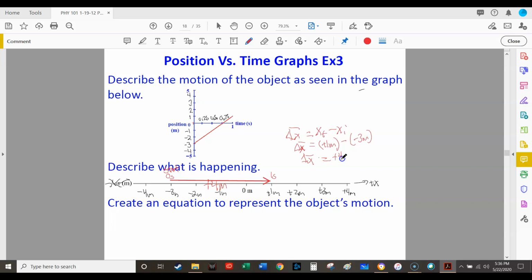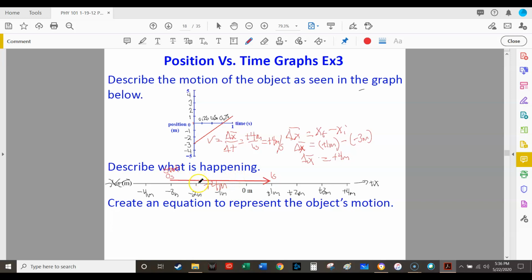So it's going to be a +4 meters. Okay. Well, we know velocity is equal to displacement over time, and the total time in this case is going to be 1 second, and it had a total displacement of positive 4 meters. So that means it's positive 4 meters over the period of 1 second.